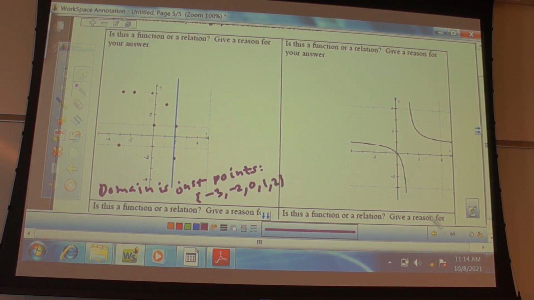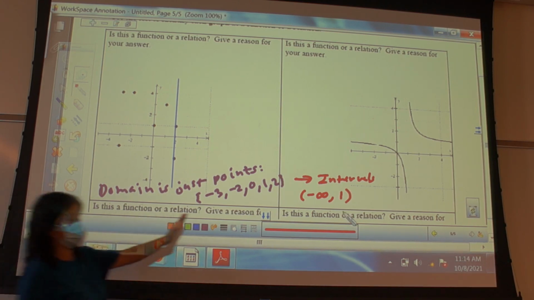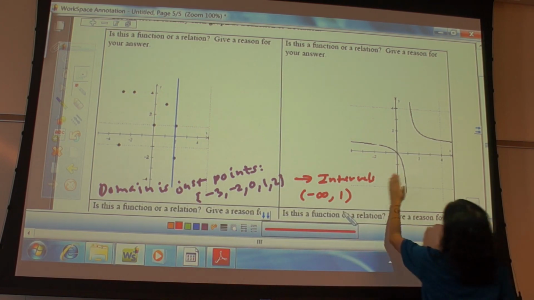Here, it's everything along the way. So over here it's a range, it's intervals. Everything from negative infinity up to 1. Everything along there.